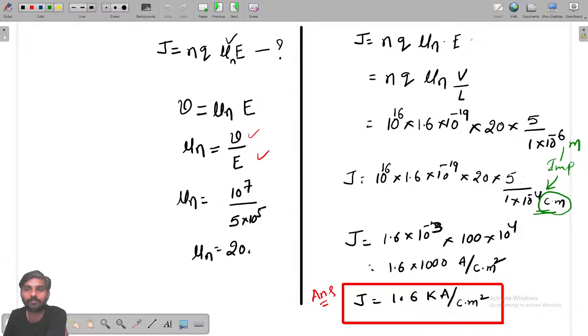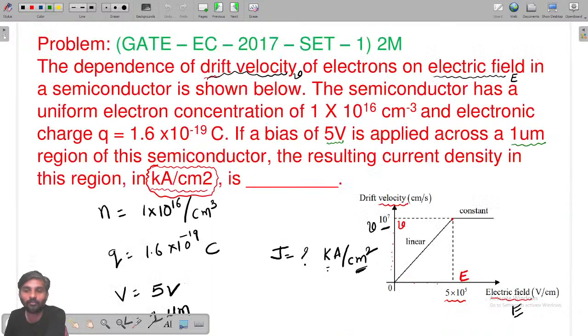You may ask me to substitute 5 into 10 to the power of 5 here, or 10 to the power of 6 here. But did he mention the length? Do you know the length at what place? Did he mention any length here? No, he did not mention. So because of that I have considered this. There is a difference.